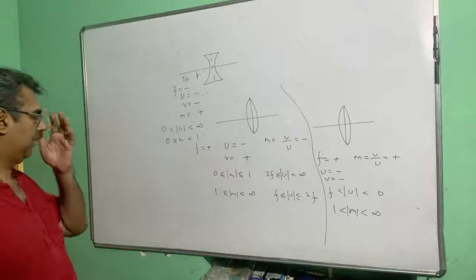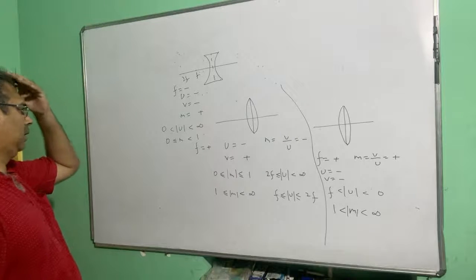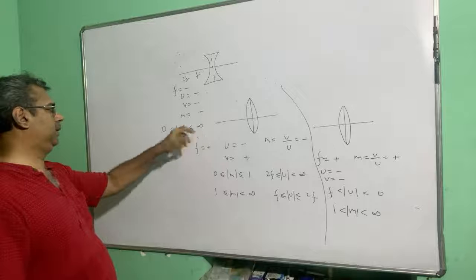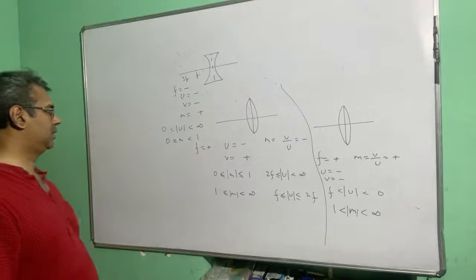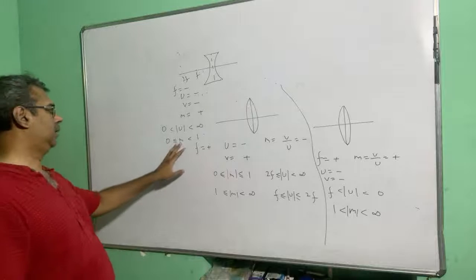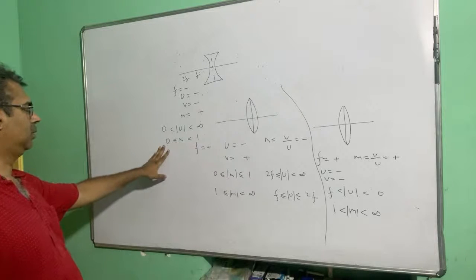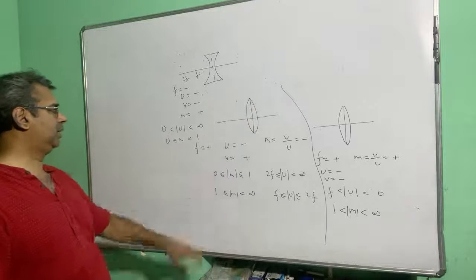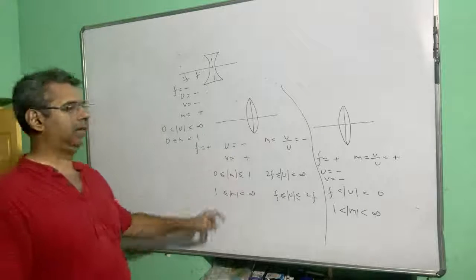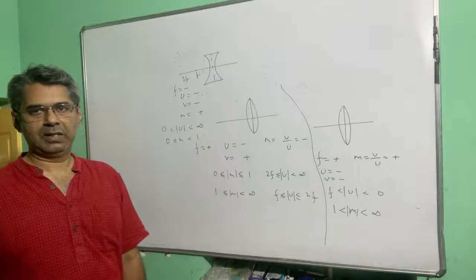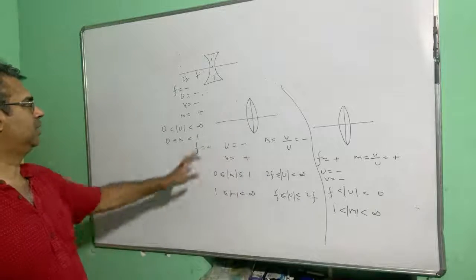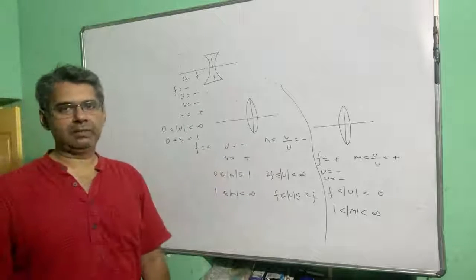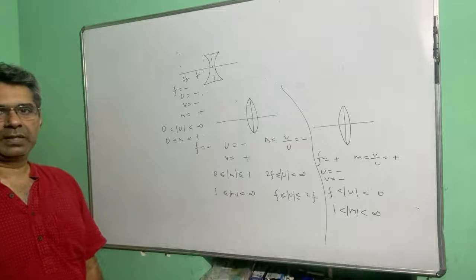Now regarding the magnification, the object distance you can keep it anything from 0 to infinity. If you keep the object distance at infinity, then the magnification will be 0. If you keep the object distance anything from 0 to infinity, the magnification will be less than 1. So it is always a diminished image. So these are the three possibilities of magnification for convex and concave lenses.